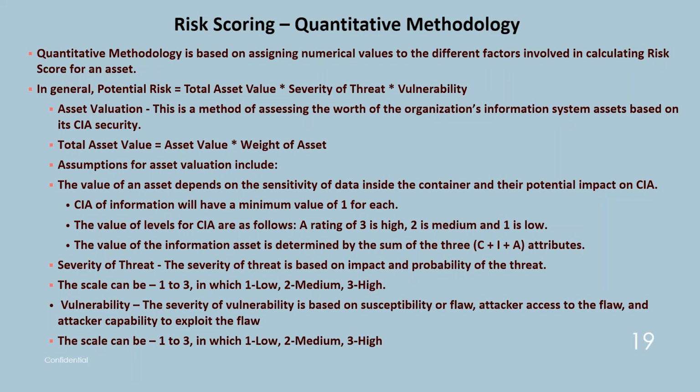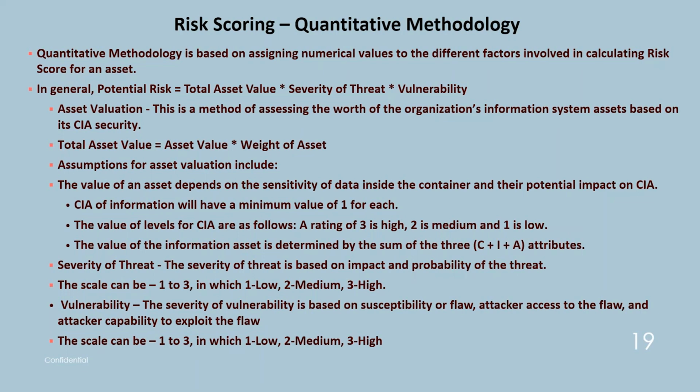Each of these assets can be classified on a scale of 1 to 3 for CIA, where C is confidentiality, I is integrity, and A is availability. You rate all 3 factors, C, I, and A. So the value of an information asset is determined by the sum of the 3 attributes, C, I, and A.